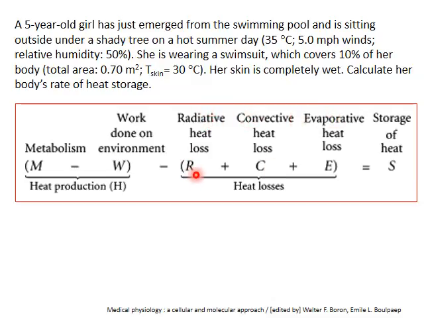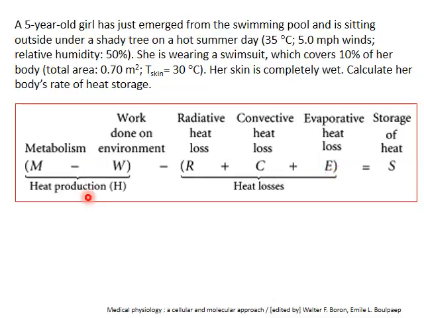Generally, these values R, C, and E are going to be positive, meaning that there's going to be a loss of heat from the body through these modes. R and C can also be negative, and if they are negative, that means that there's actually a gain of heat through these modes. E is always going to be positive. It's not possible to gain heat from evaporation. It's only possible to lose it.